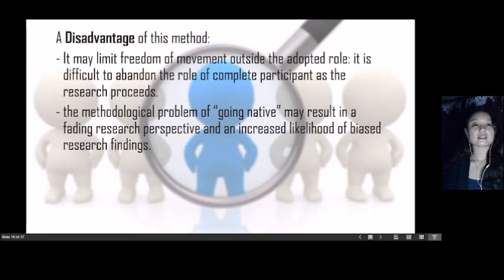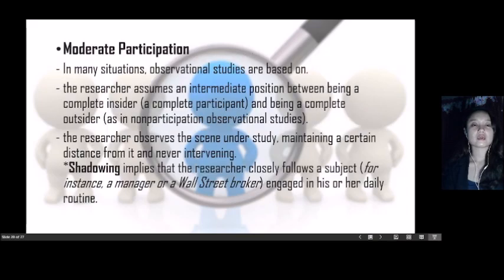It has disadvantages, though. First, it may limit freedom of movement outside the adopted role. It is difficult to abandon the role of complete participant as the research proceeds. Next, the methodological problem of going native may result in a fading research perspective and an increased likelihood of biased research findings.